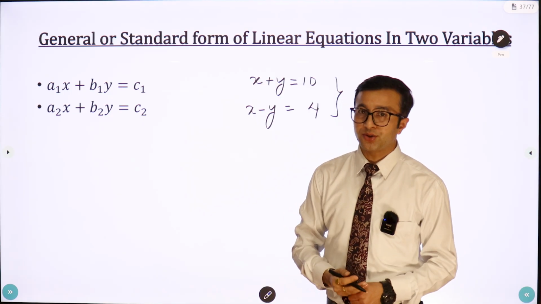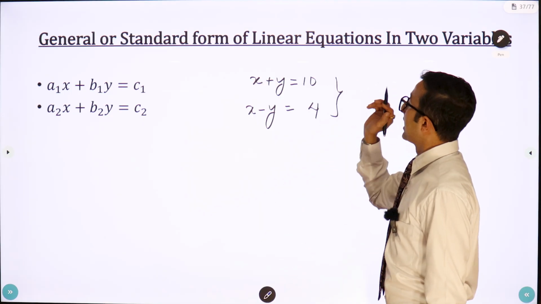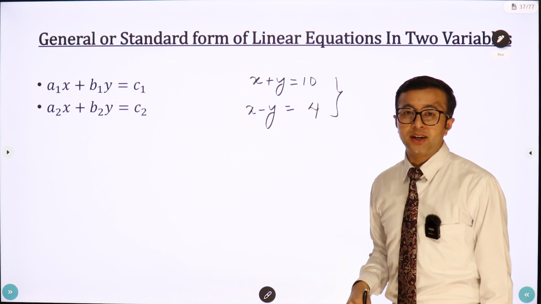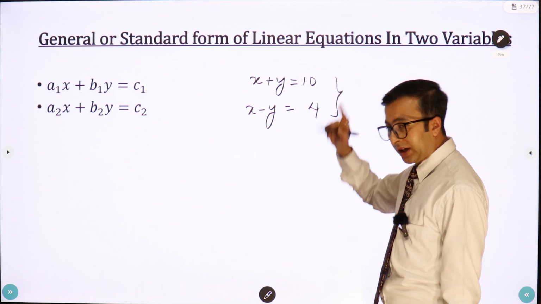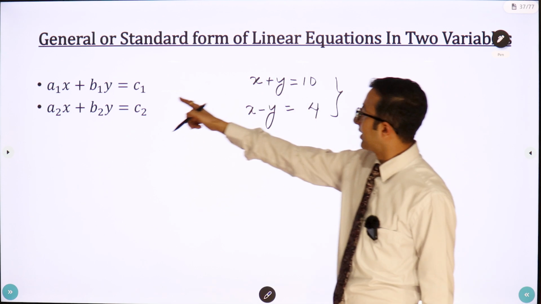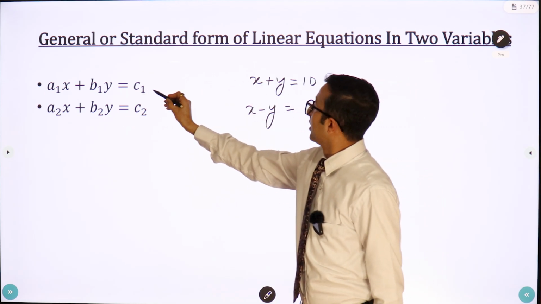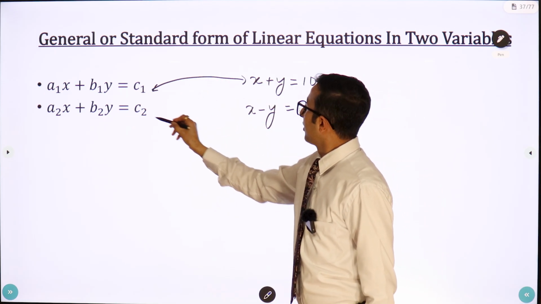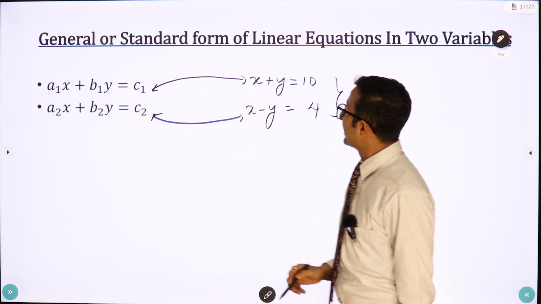Now, what we are supposed to find in this chapter is the solution of this pair of linear equations. Before going to the solutions, just compare these two equations with the standard form.